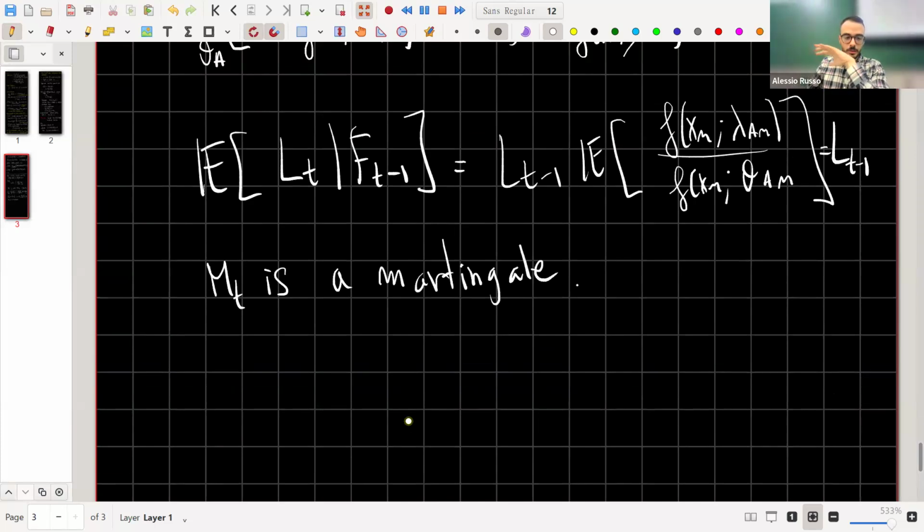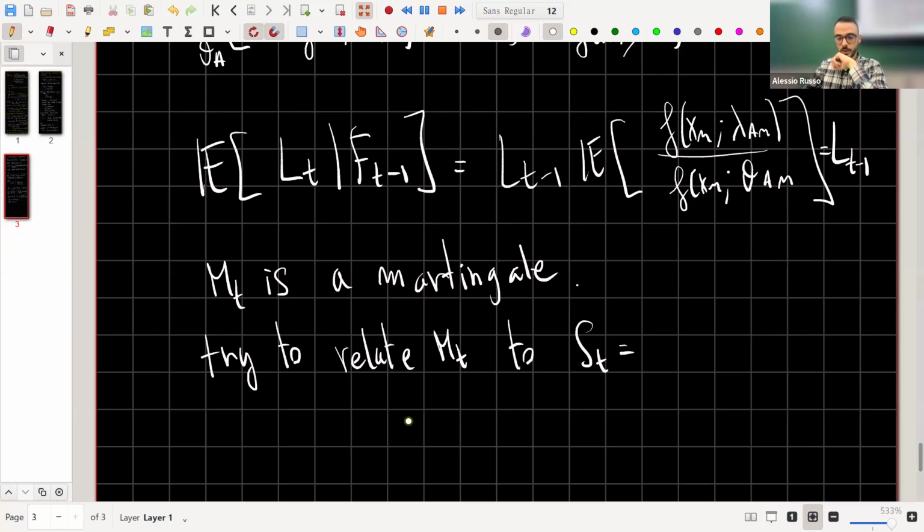So what we will do now is try to relate MT to our empirical characteristic time. I'm going to define ST to be the sum over A of NAT times KL(hat theta AT, theta A).